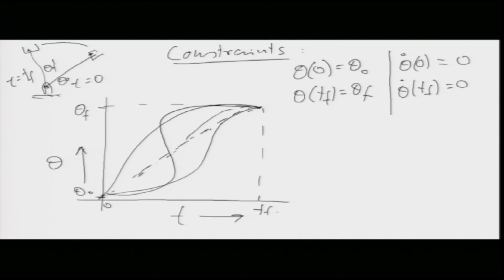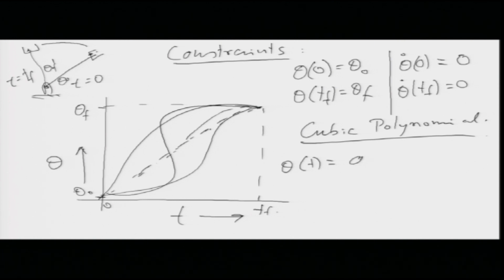Now, with these 4 constraints, we can fit a cubic polynomial of order 3, because then we can fit in all the 4 constraints and write it in the form theta(t) = a naught + a1 t + a2 t squared + a3 t cubed.